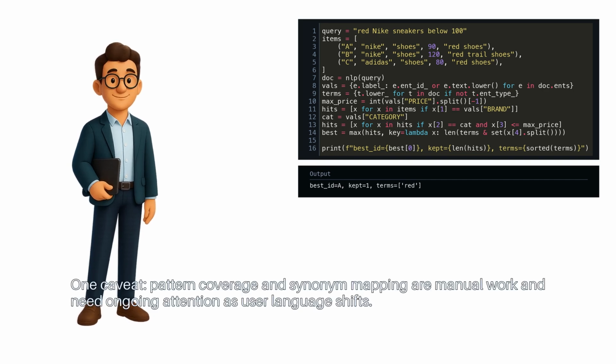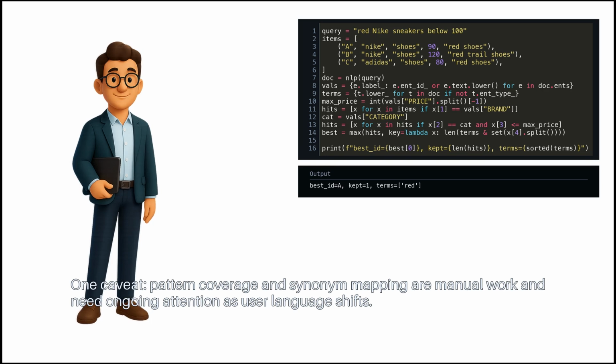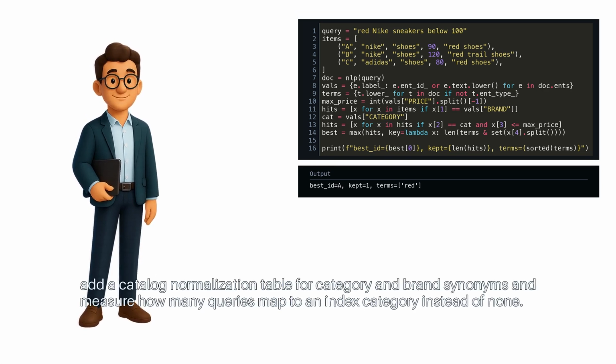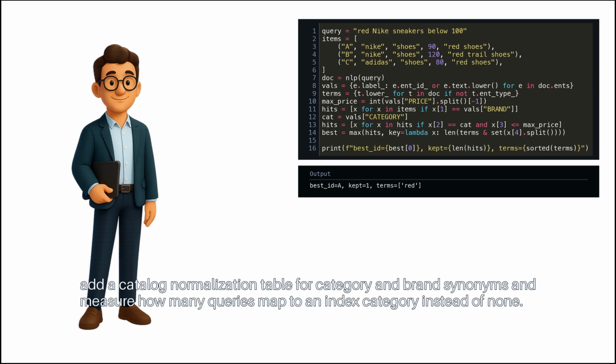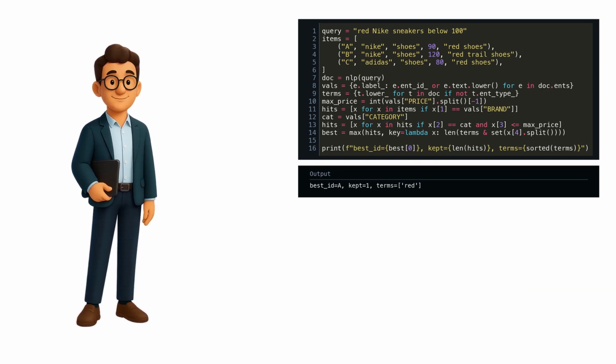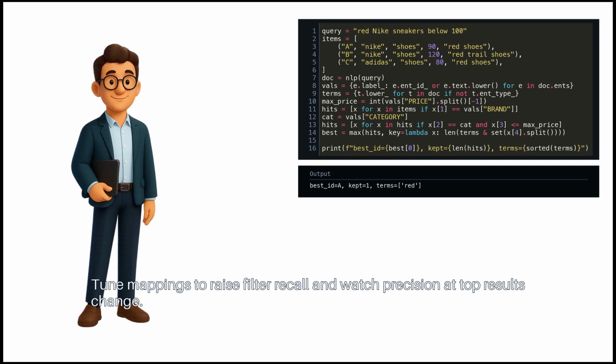One caveat: pattern coverage and synonym mapping are manual work and need ongoing attention as user language shifts. A concrete next step: add a catalog normalization table for category and brand synonyms, and measure how many queries map to an index category instead of none. Tune mappings to raise filter recall and watch precision at top results change.